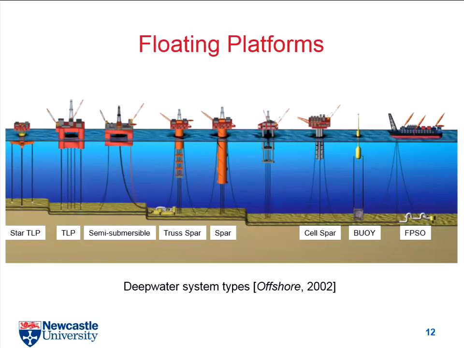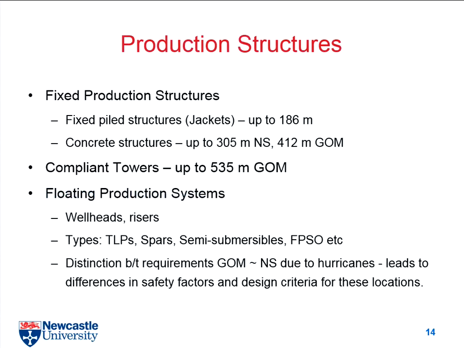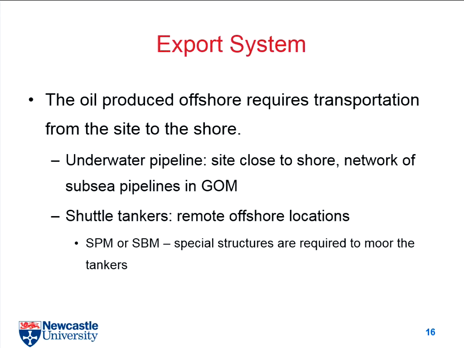So when we look at the structures or the projects like this, they always have different functions. And of course, for different functions and for different requirements, they have different designs. But roughly, we can put them into 3 functions: production, storage, and export system.